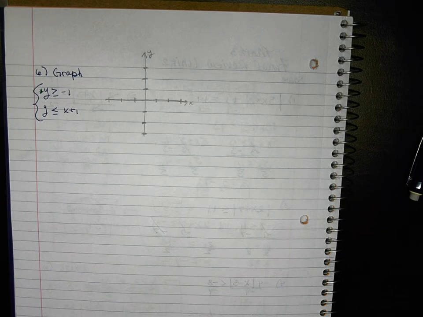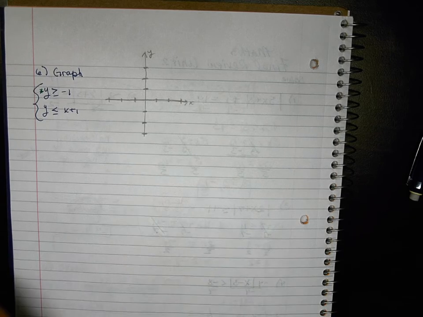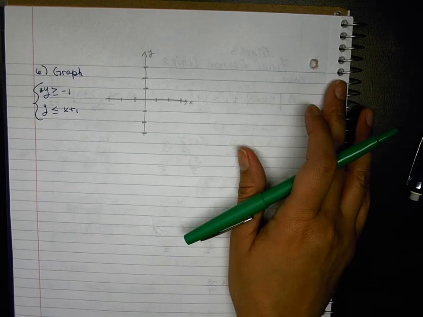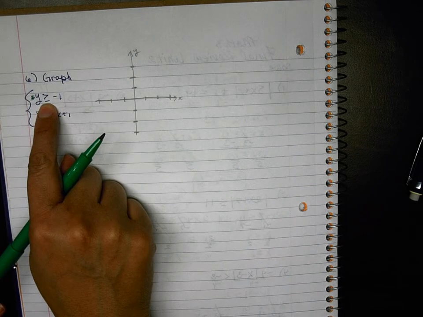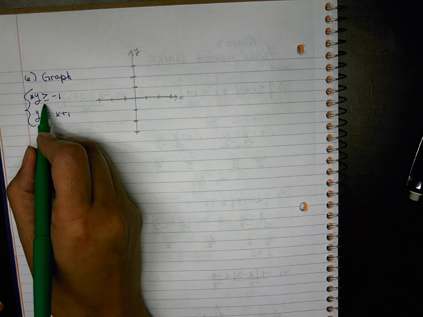What kind of graph is that? Is it vertical or horizontal? It's the horizontal one? Yes. Okay. And I'm going to go down here to -1. Is it solid or dashed? Solid.